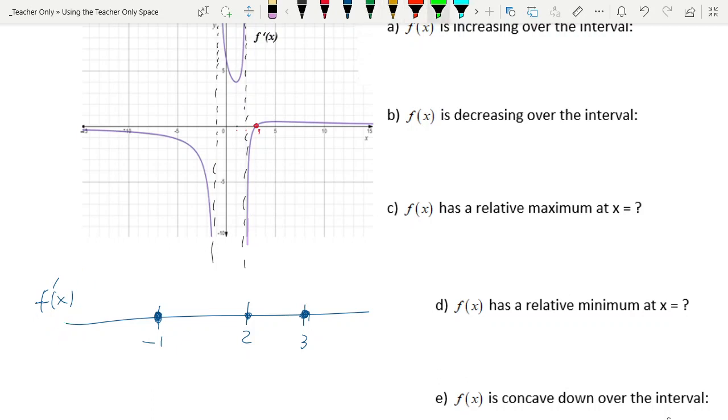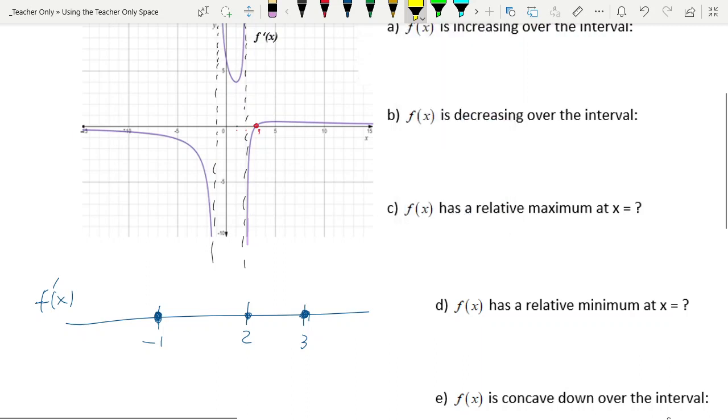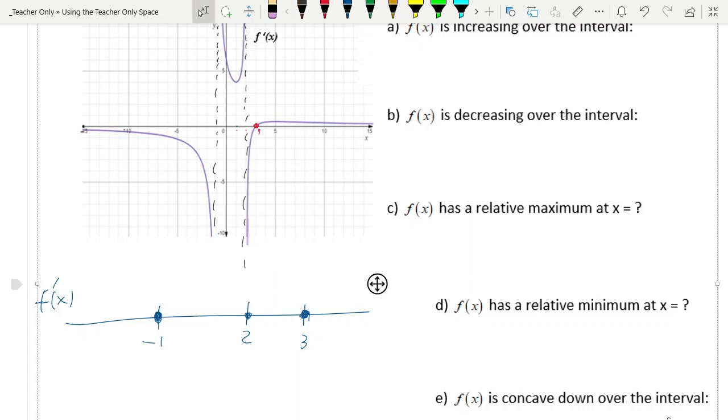So in this first section of our graph, let me grab my highlighter, put it back to yellow. When I'm going from -infinity to -1, we can see those y values are all negative. Now the next section of my graph, between -1 and 2, those y values are all positive.